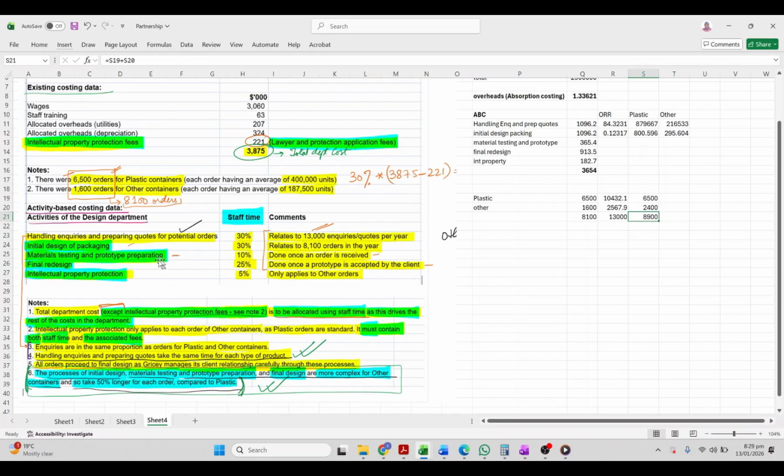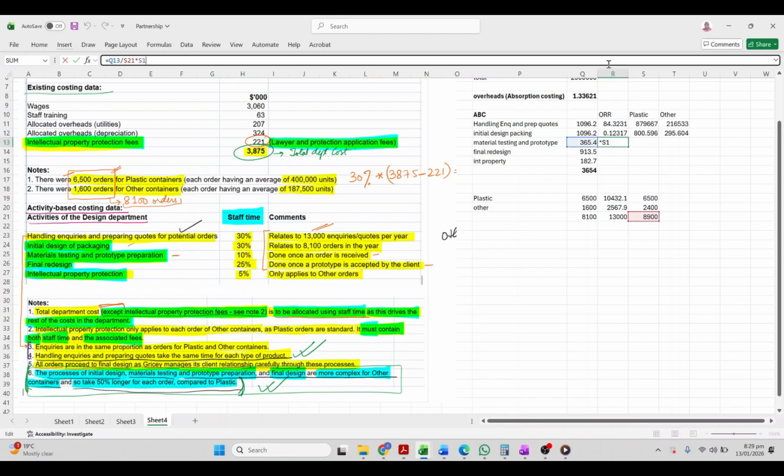Same goes with material testing. Once an order is received, it also depends upon the number of orders. But again, this material testing is going to take more time because this is also included here, right? So this divided by 8,900 multiplied by 6,500, and then this, sorry, I think I made a mistake. I directly multiplied with it, right?